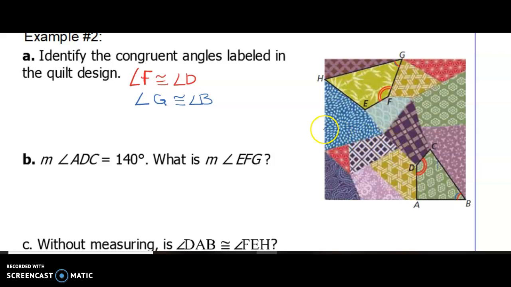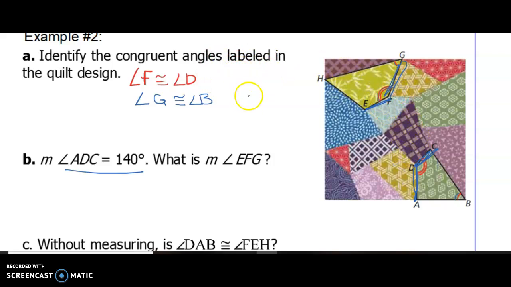All right, so part B says the measure of angle ADC, so let's look at this. ADC is right there, so it's talking about this double arc, which is 140 degrees. What is the measure of EFG? Well, this is also a double mark, right?